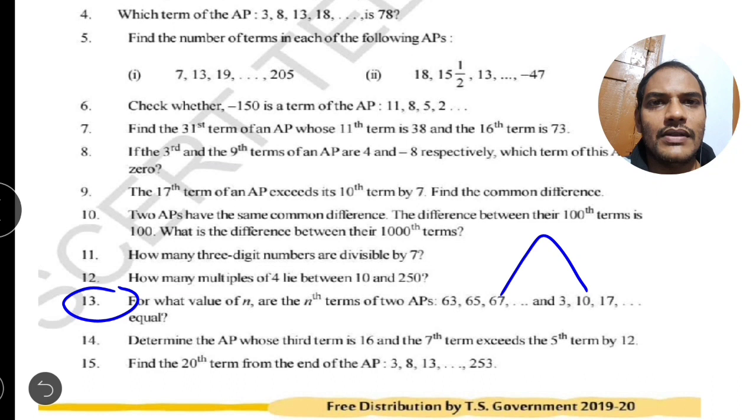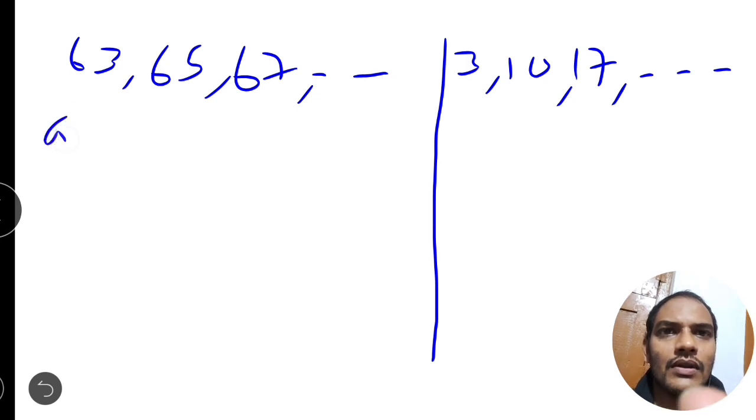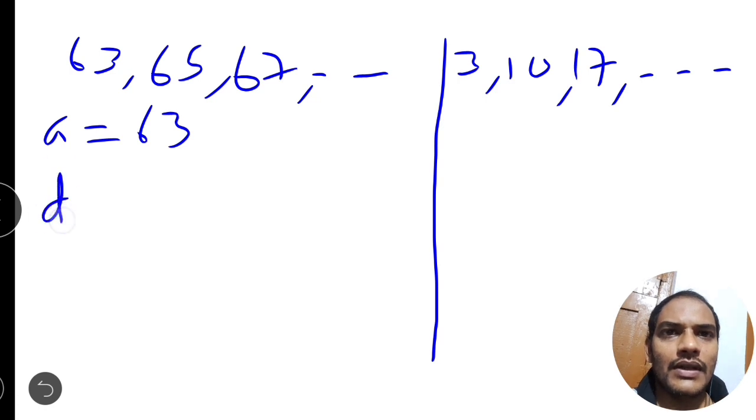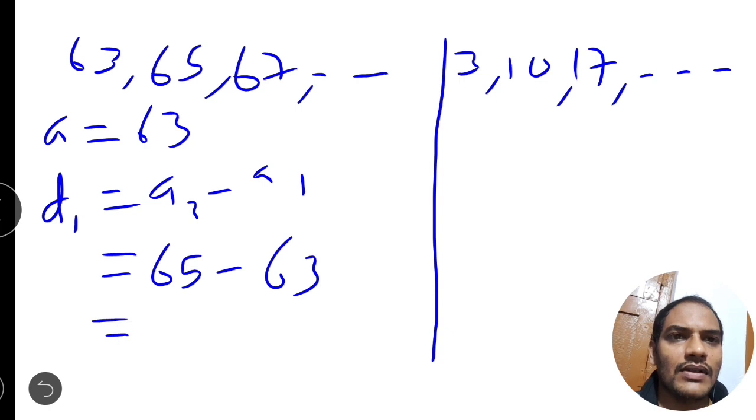So here I have written the two APs separately. In the first AP I am going to find the first term, that is A equals 63, and the common difference. Since there are two APs, I am taking the small d1 equals A2 minus A1, which is 65 minus 63, which is 2.